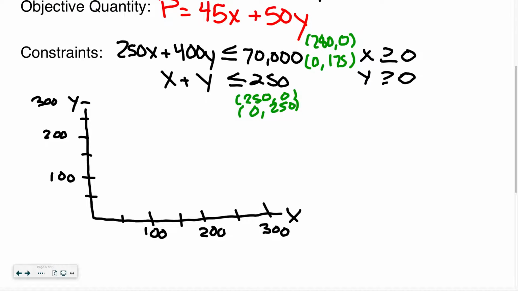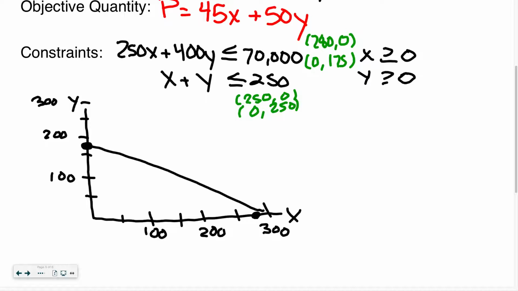Okay. So plot my intercepts. 280 is on the x, and 175 is on the y, and draw a line. Test for shading. 0 is less than 70,000 for sure, so I would be shading towards the origin.